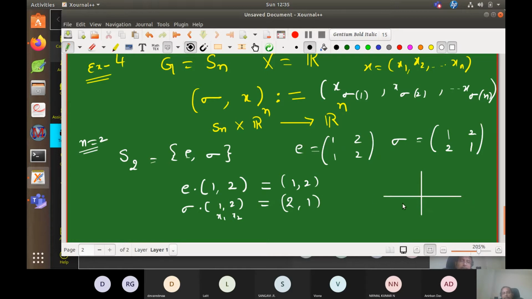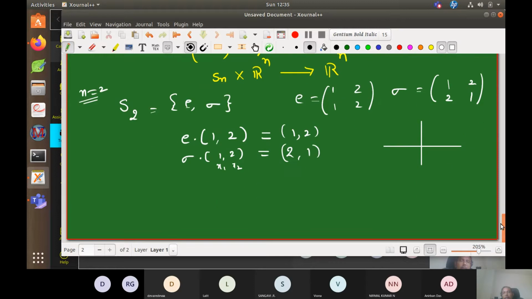It is reflecting about the line y equal to x, while the identity is not doing anything. Which points will not be affected by both of them? The points on the line y equal to x. These are the points on the line not affected by both e and sigma.